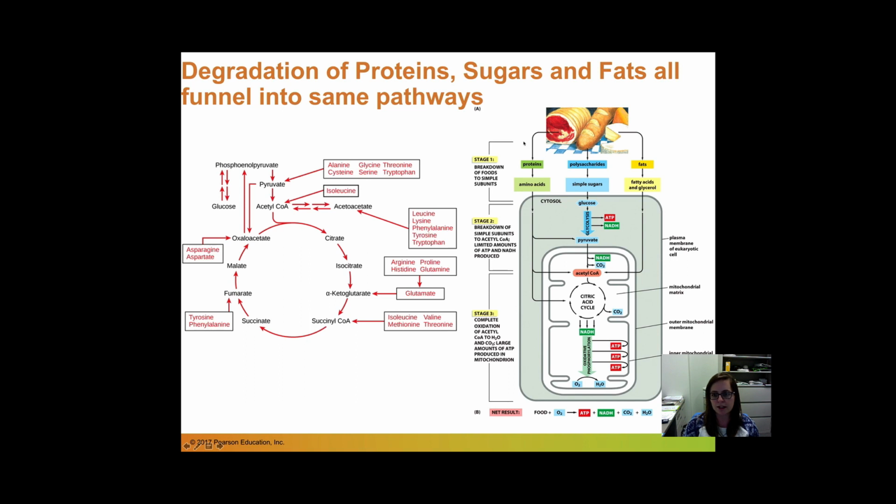Okay, so all food can be metabolized in some way, and maybe it'll enter in before glycolysis if it's a sugar, or maybe proteins will enter in as pyruvate or acetyl-CoA or directly into the citric acid cycle. And same for fats, right? So fats can enter in as acetyl-CoA. And parts of these can also be used up in other anabolic pathways.